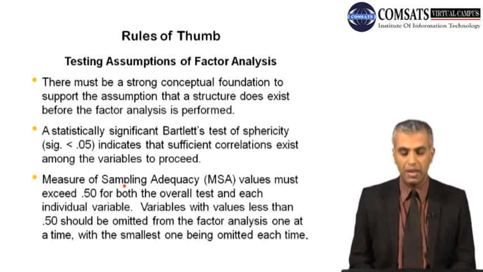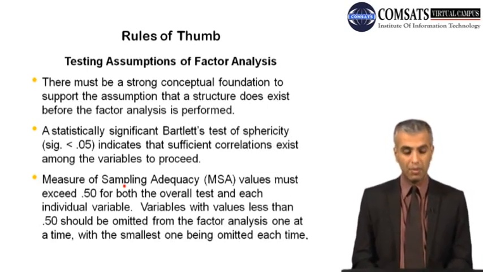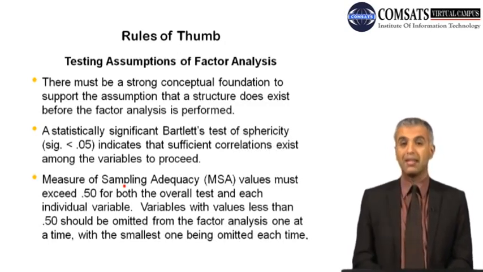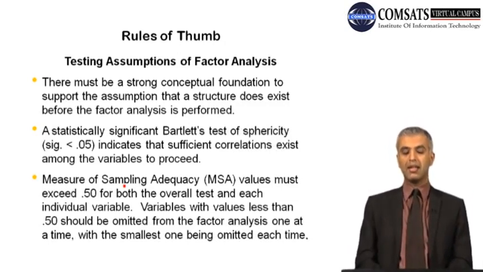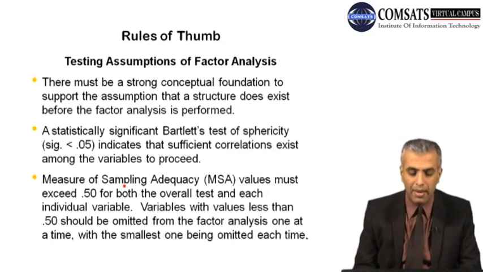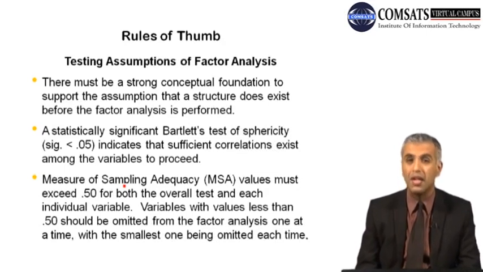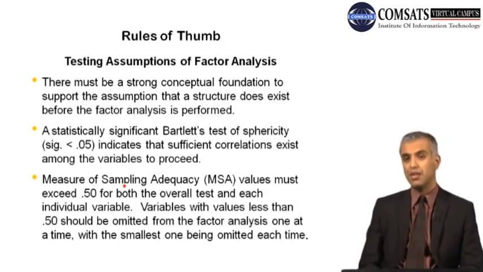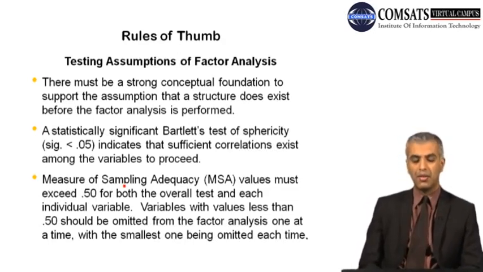The variables with values less than 0.5 should be omitted from factor analysis one at a time, and then the whole test should be run again. Sampling adequacy is related to whether the sample is enough for evaluating the factor analysis for these variables. So again there is a certain number which we have to justify here.